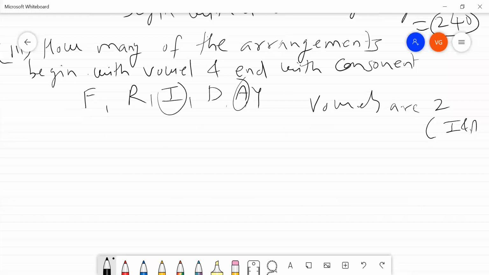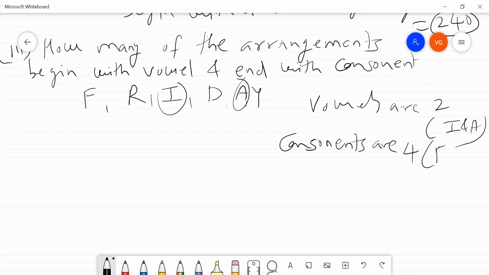And how many consonants are there? 1, 2, 3, 4. The remaining 4. What are they? F, R, D, and Y. Correct? So I have to now arrange these letters in such a way that the word should begin with a vowel and end with a consonant.